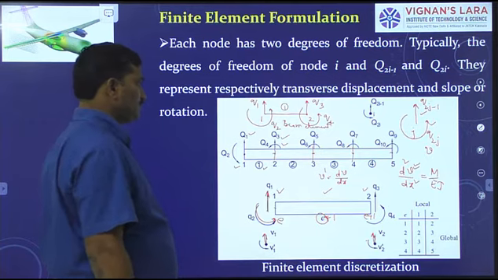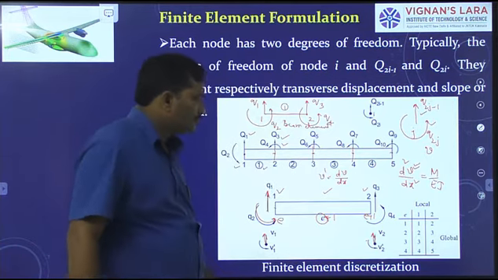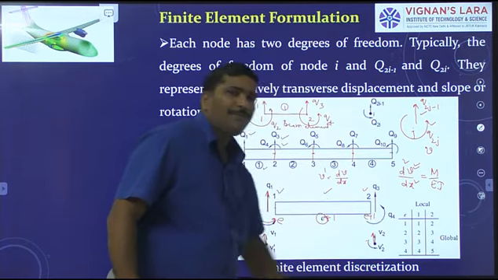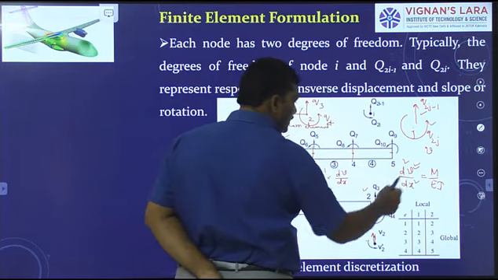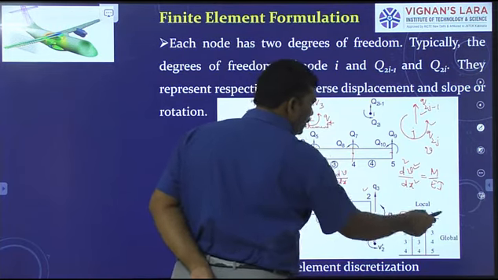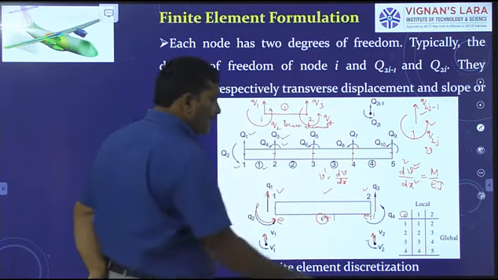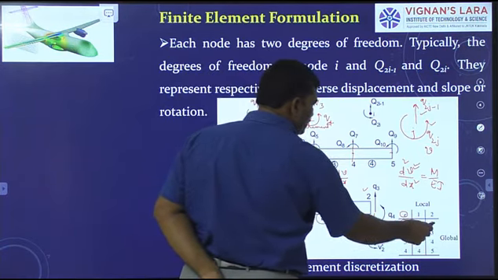Remember, once you discretize the domain into subdomains, you have to give the element node connectivity information. This is the table giving the element number and the local node numbers. For element 1, what is the first node? 1. What is the second node? 2.